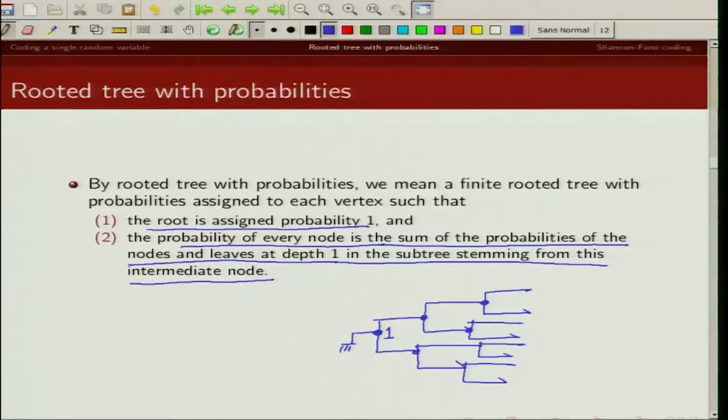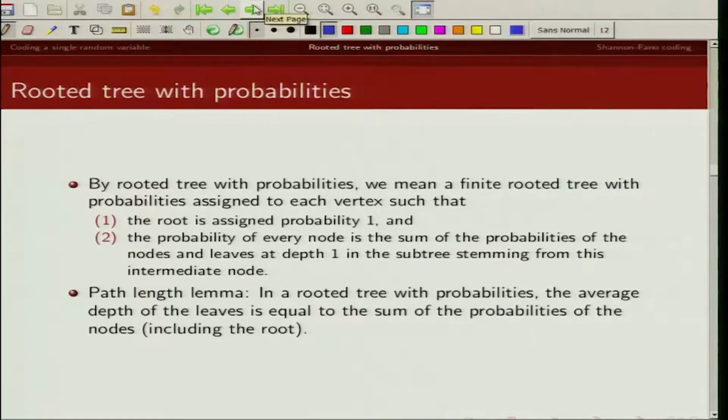You look at any node here, and you look at the nodes and leaves at depth 1 from this node. In this example, it is this node and this node. So the probability of this particular node is the probability at this node plus the probability at this node. Similarly, the probability at this particular node is given by the probability of this leaf plus the probability of this leaf. This is how we construct our rooted tree with probability.